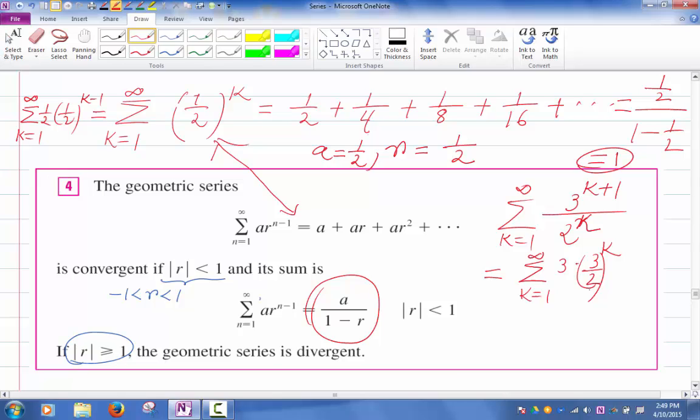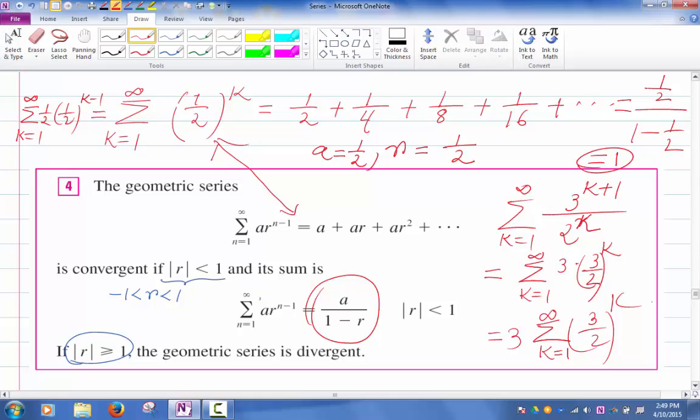You guys agree with that? And then I can also say the following: k going from 1 to infinity. Let's take the 3 outside. I don't really have to, but is it a geometric series now?